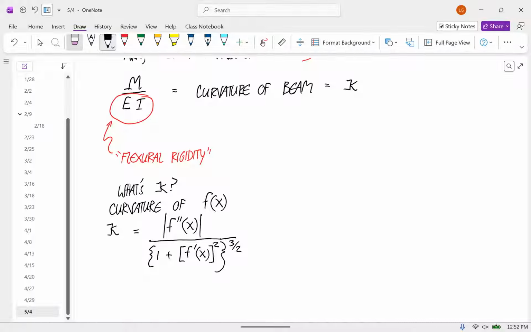Okay, well, we'd rather not deal with that. That's ugly. But we're going to be rescued here again by the fact that we're assuming small deformations.